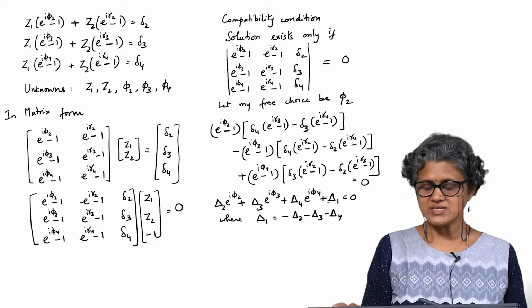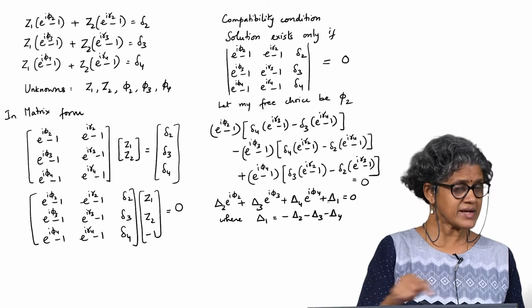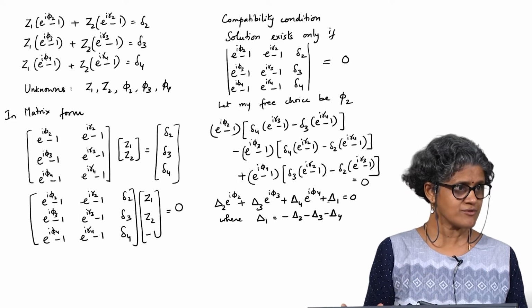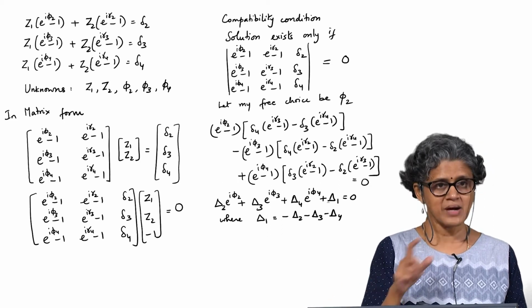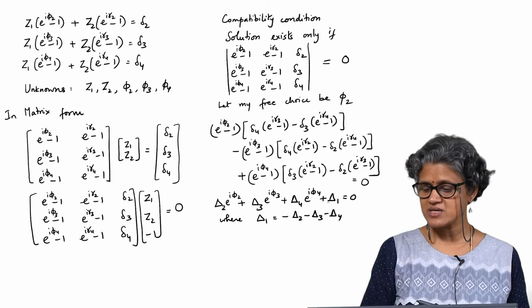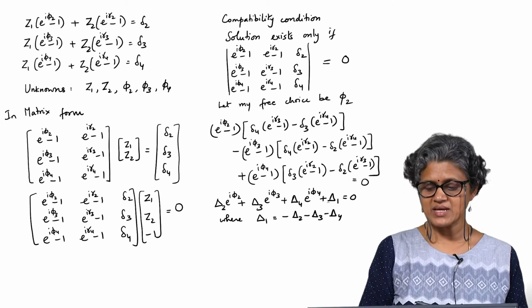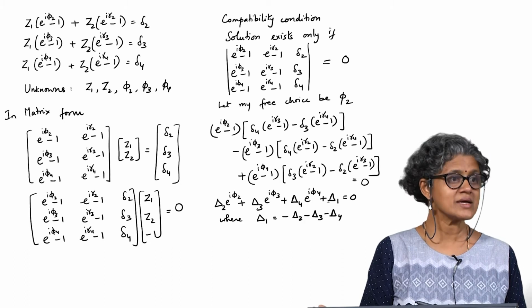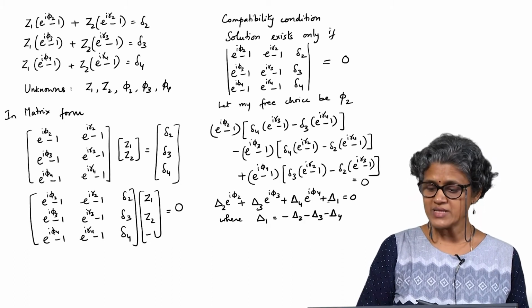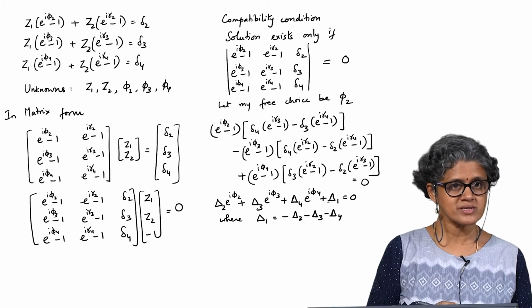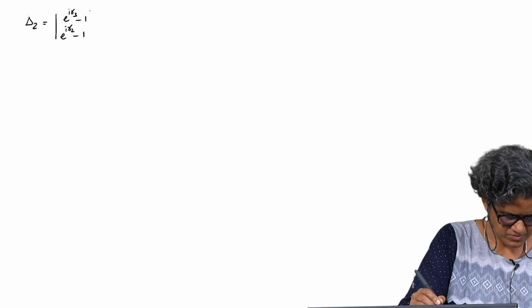Okay. So, basically the compatibility condition can be thought of as a 4 bar satisfying this loop closure equation, where the lengths are basically delta 1, delta 2, delta 3 and delta 4, and all these deltas are based on known quantities. So, let us write that. So, delta 2 is, these are basically the cofactors. Sorry.